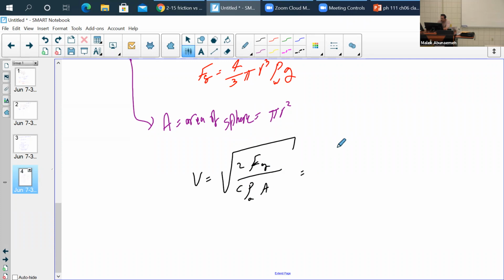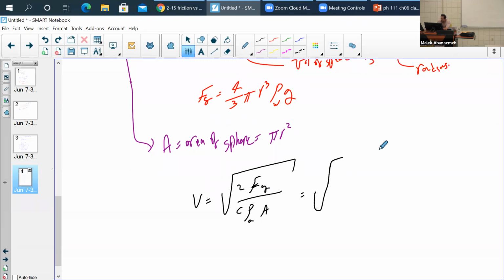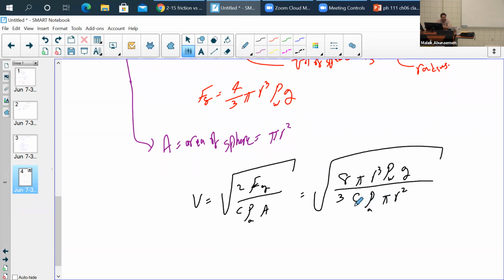Now this is going to equal the square root, let me make this big, of 2 multiplied by 4, which should be 8, over 3 pi r cubed rho for the water multiplied by the gravity, divided by the drag coefficient multiplied by your rho for the air multiplied by your area, which is pi r squared.